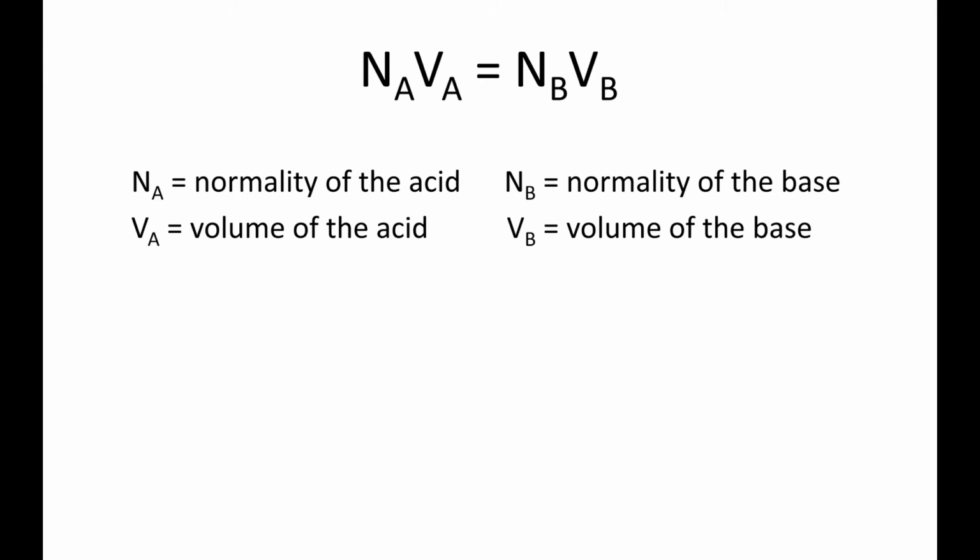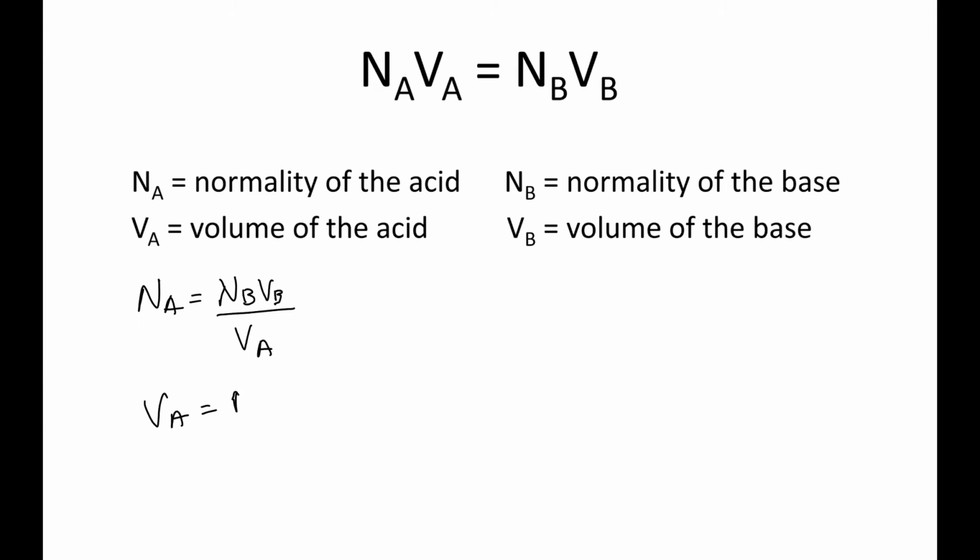So it's NaVa equals NbVb, where Na is the normality of the acid, Va is the volume of the acid, then you have the normality of the base and the volume of the base. Now I'm going to give you the different equations again. So Na is equal to NbVb over Va.